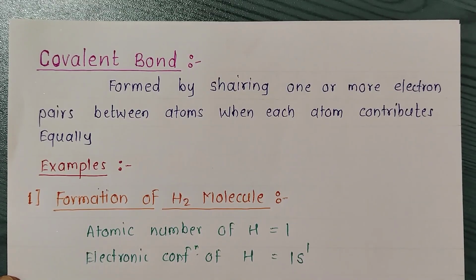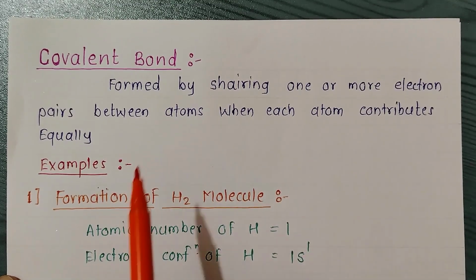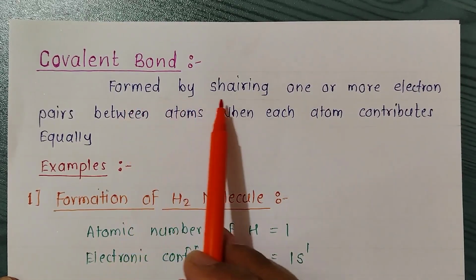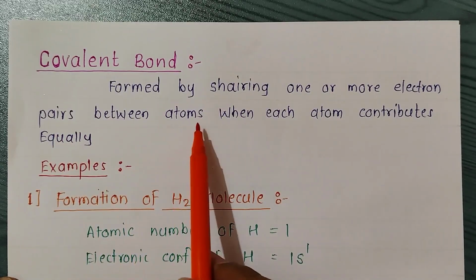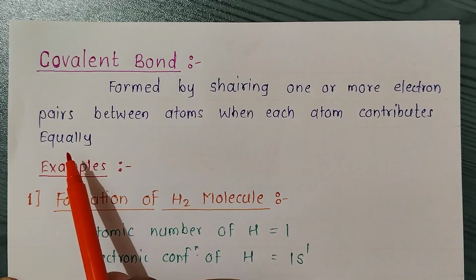So today we will understand what a covalent bond is and how it is formed, using different examples. So let's begin. First of all, what is a covalent bond? A covalent bond is a chemical bond formed by sharing one or more electron pairs between atoms when each atom contributes equally.